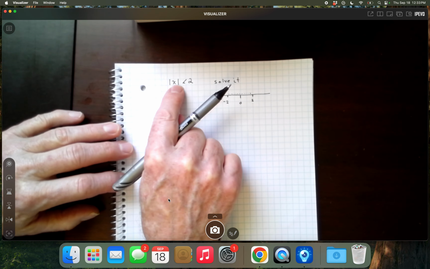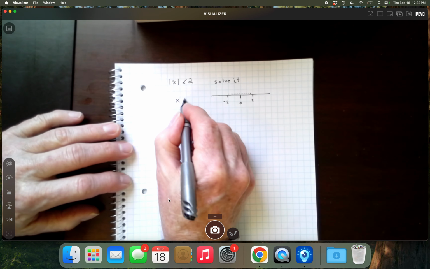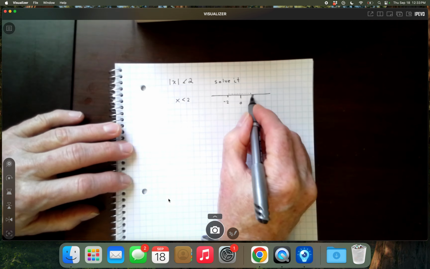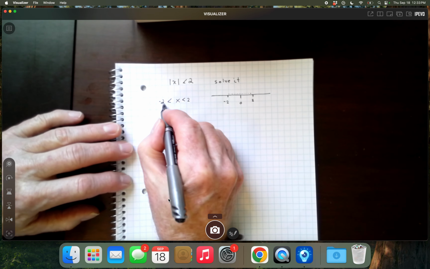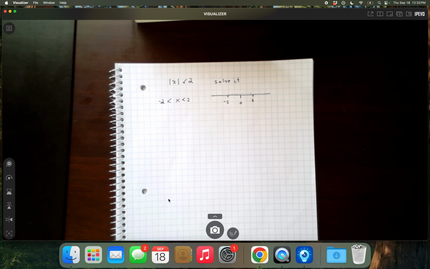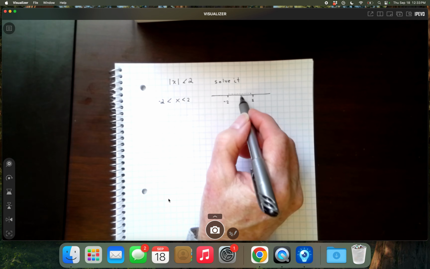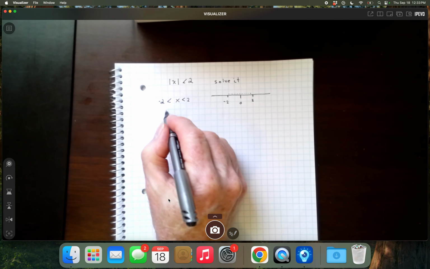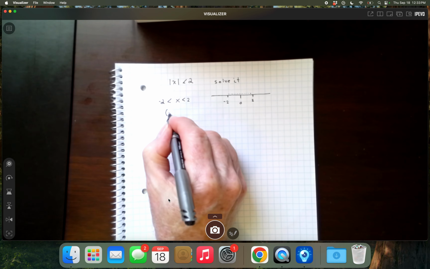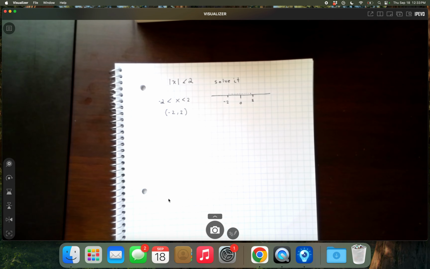So to remove the absolute value, if the absolute value of x is less than 2, that means x is less than 2, but greater than minus 2. If x is less than 2 units from the origin, where can you be? Here. In interval notation, minus 2, comma 2 for that answer.